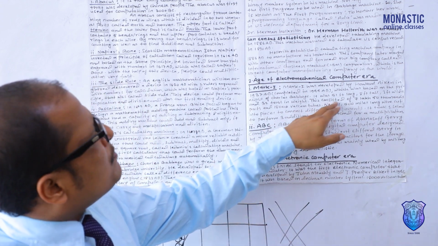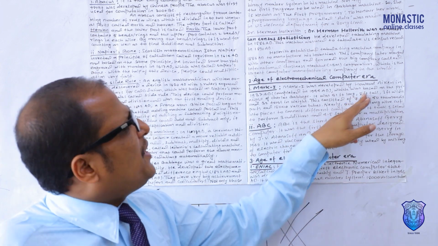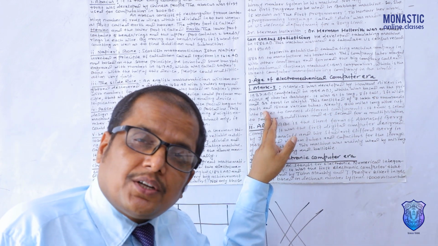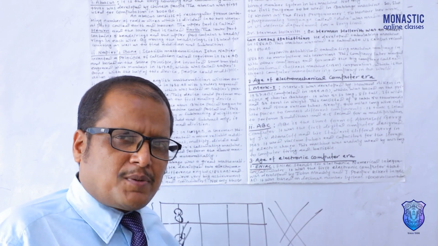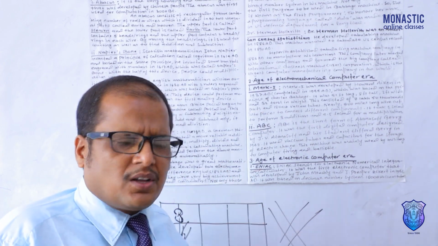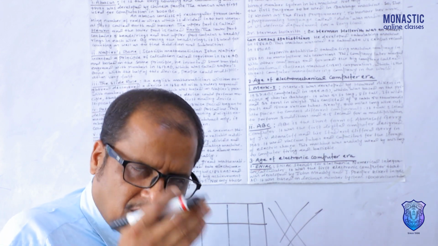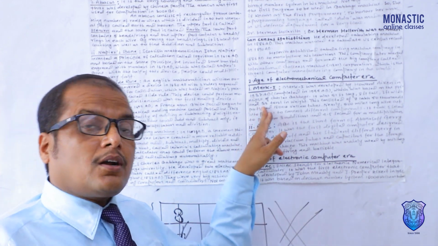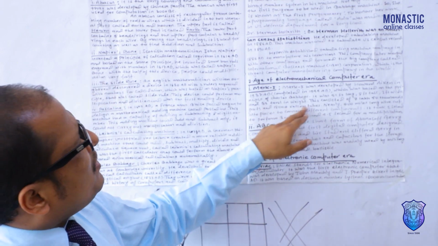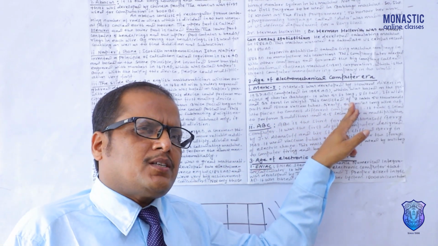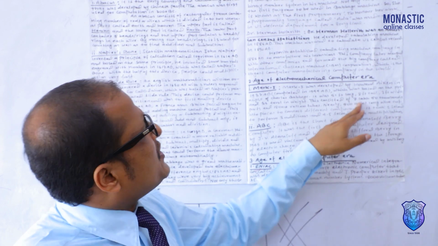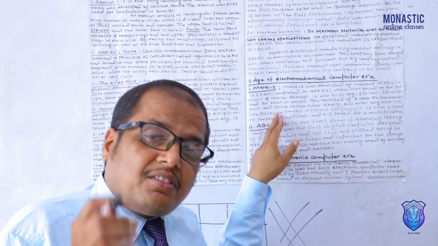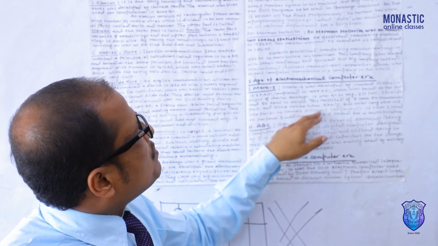It was 51 feet long, 8 feet tall, 3 feet wide, and 32 tons in weight. Assume this: 32 tons in weight. Today's computers are in kilograms, but it was in tons. Since it was a very big computer, it consisted of 750,000 parts and 18,000 vacuum tubes.